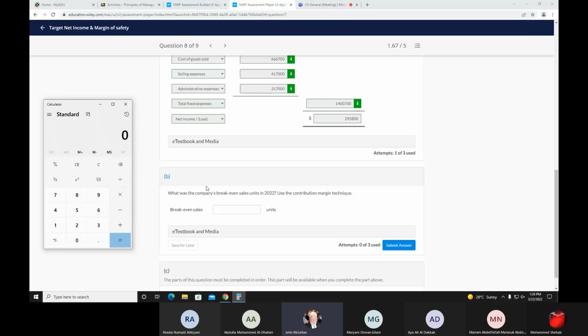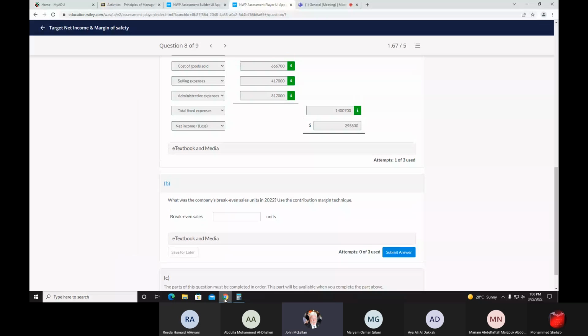All right, down below it says compute the break even. Break even sales in units. So I need the fixed costs and I need the contribution margin per unit. I have the fixed costs here, 1,400,700.